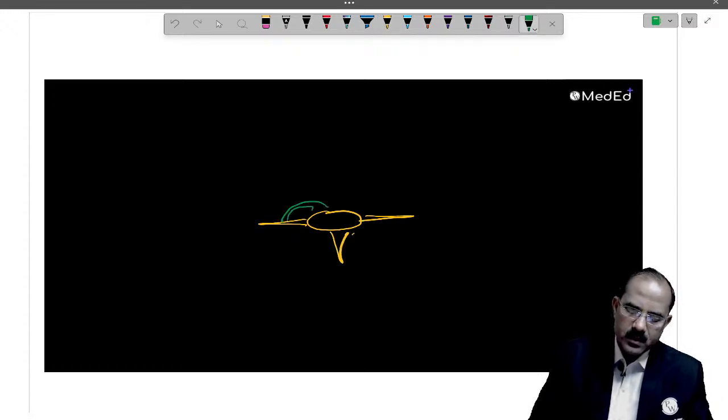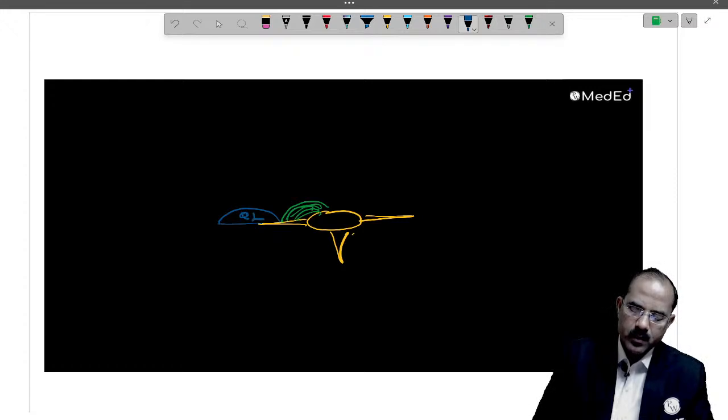This is a muscle here, that's the psoas major. This is the second muscle here, that's the quadratus lumborum. This quadratus lumborum is covered by two fascia, number 1 and number 2.